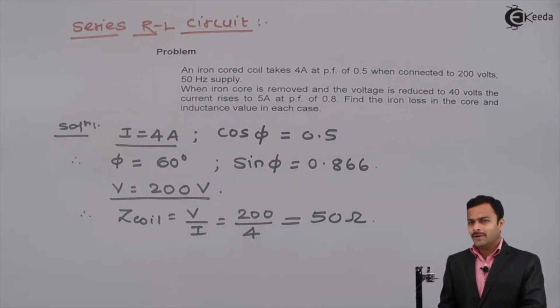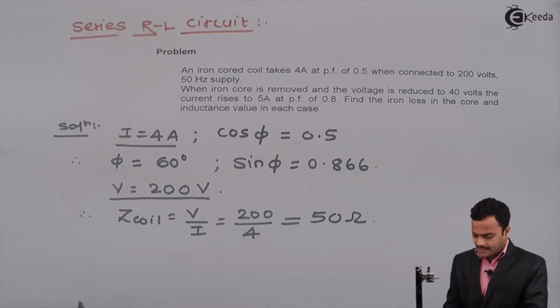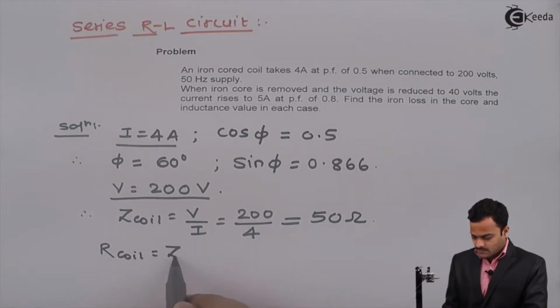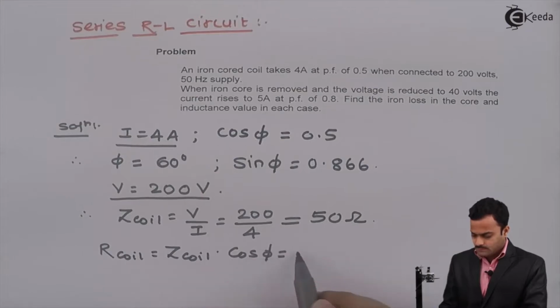Now by impedance triangle, I can say resistance of the coil is Z coil into cos phi. So it's 50 multiplied by 0.5, answer is 25 ohm.